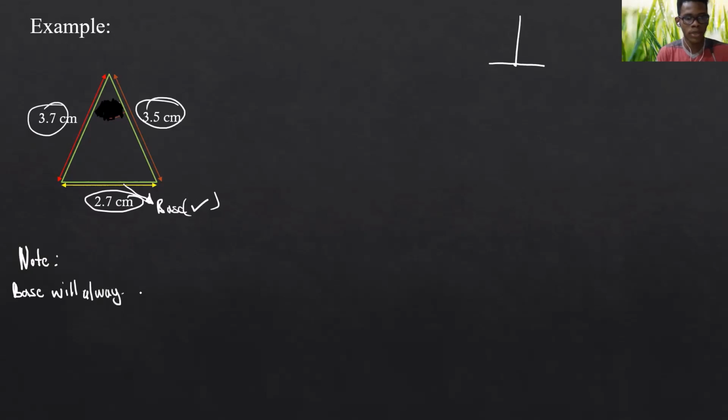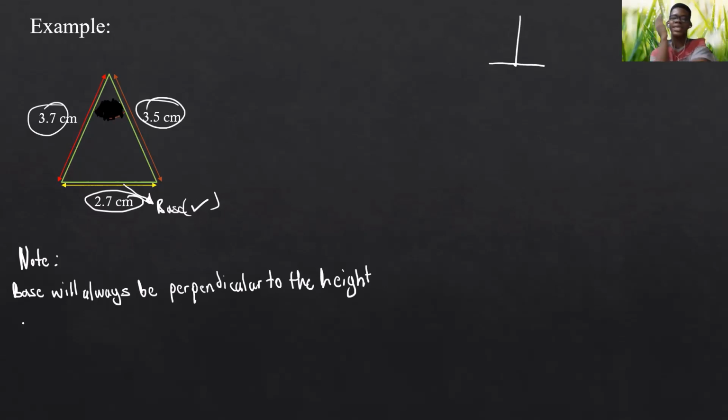Forgive my atrocious handwriting. This not just goes for triangles, it goes for anything. The base will always be perpendicular to height. And perpendicular just means that they are at a 90-degree angle.